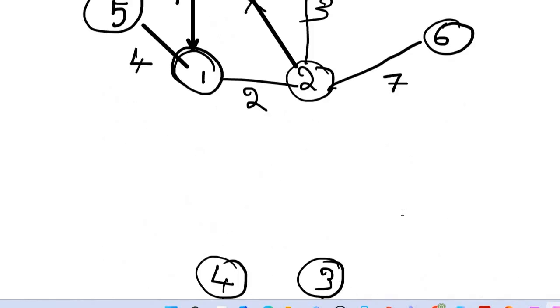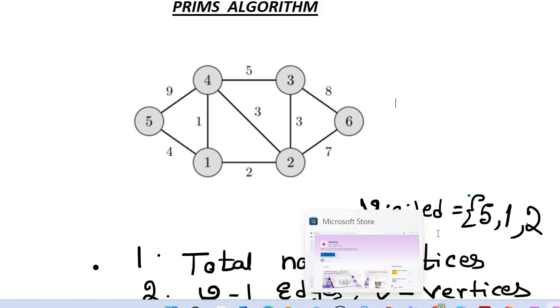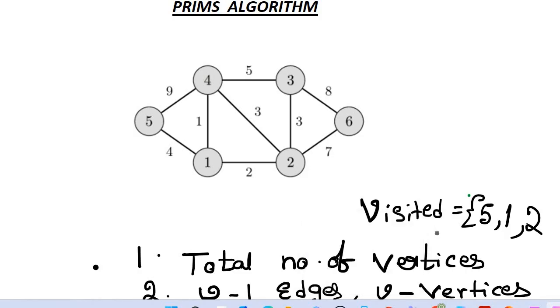Okay. So what is the cost of the input graph? So we have listed all the vertices. Already visited.